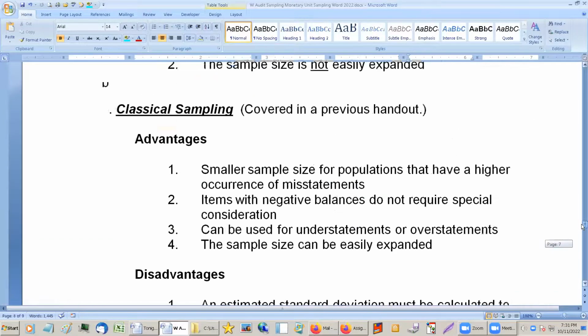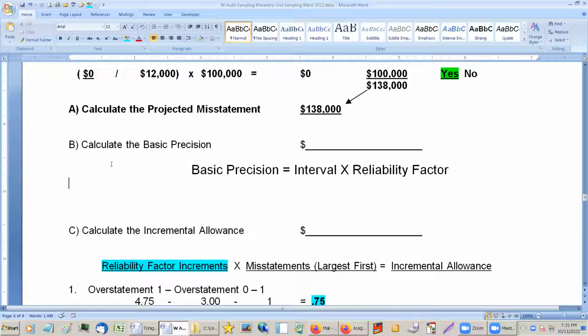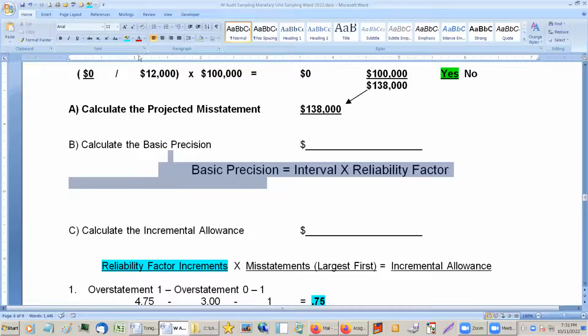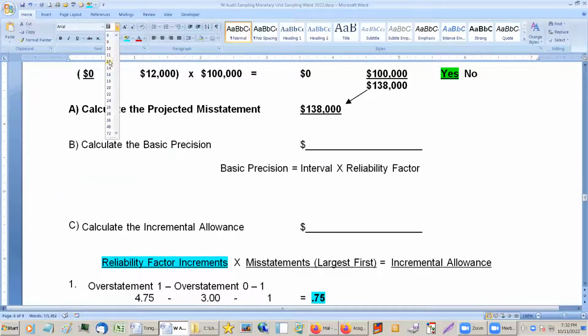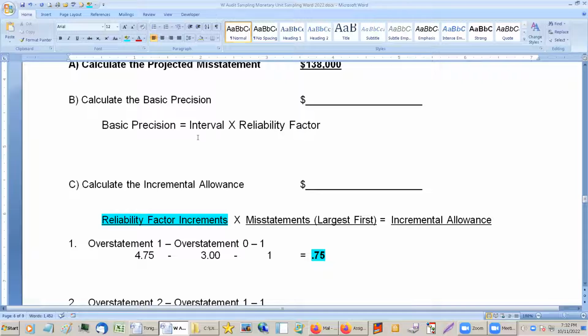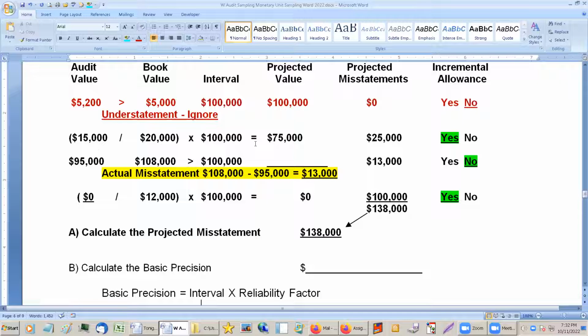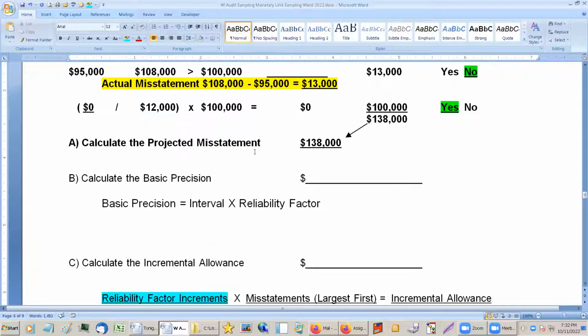Markup. Okay, that's kind of huge. Okay, basic precision equals the interval, which is what? 100,000. Yep.